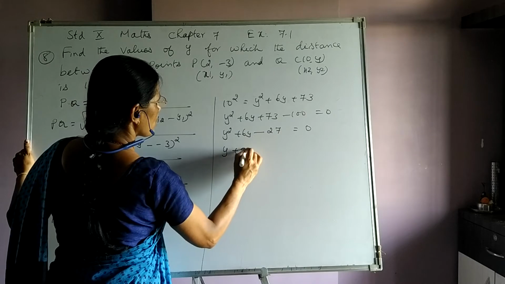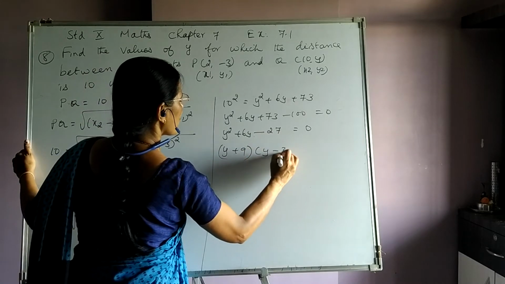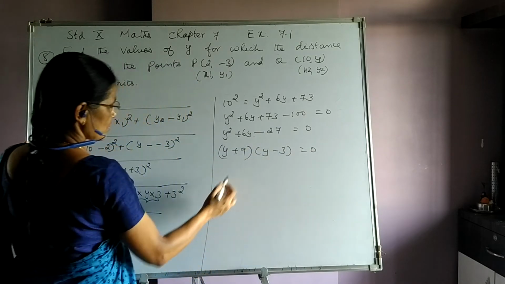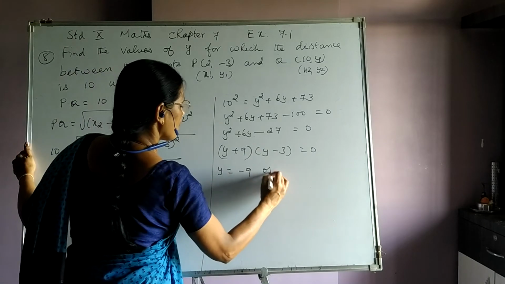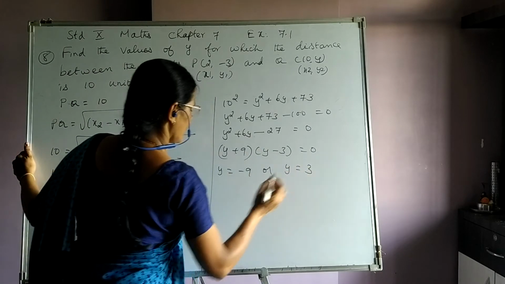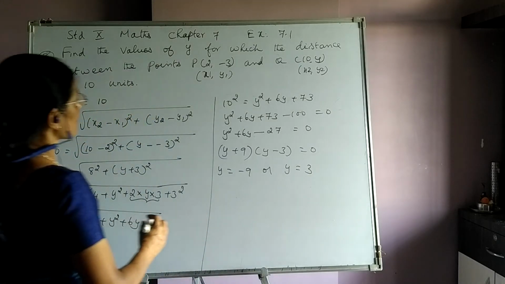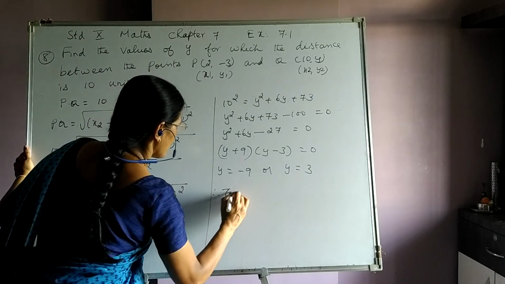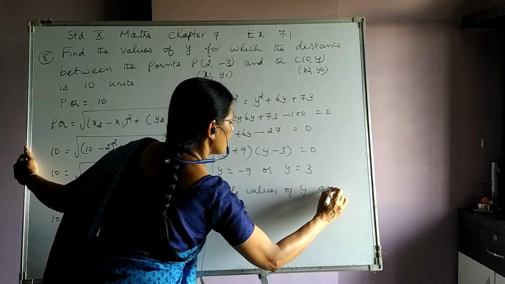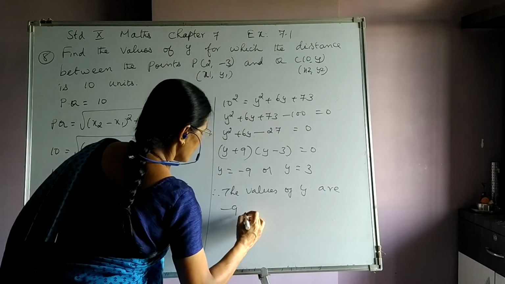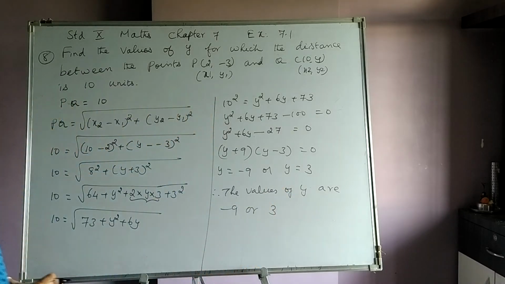Factorizing this by splitting the middle term, we get (y plus 9) into (y minus 3) equal to 0. So y is equal to minus 9 or y is equal to 3. So the values of y are minus 9 or 3. These are the two values.